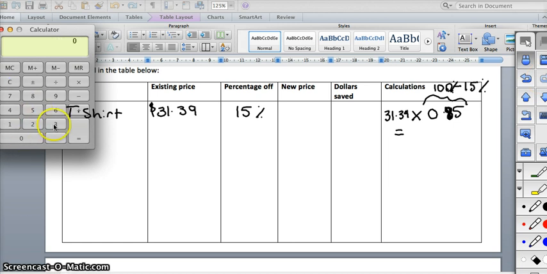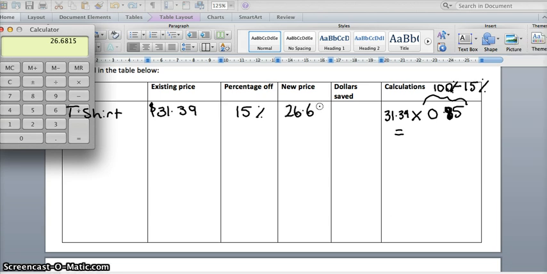31.39 multiplied by 0.85 gives us 26.68. Does that sound better? That sounds a little bit better, doesn't it? In terms of the dollars saved, we could stick with the 0.15 and that would tell us the dollars saved.